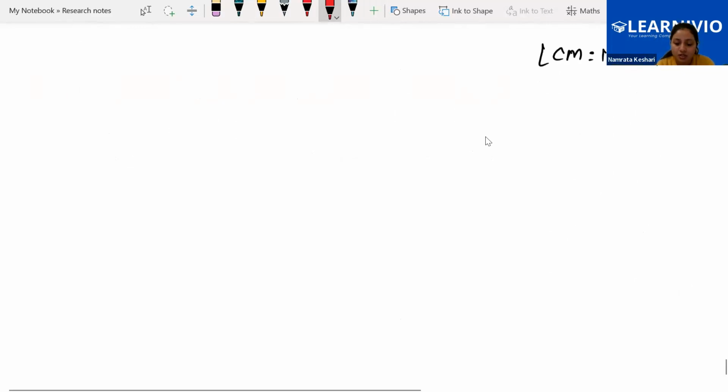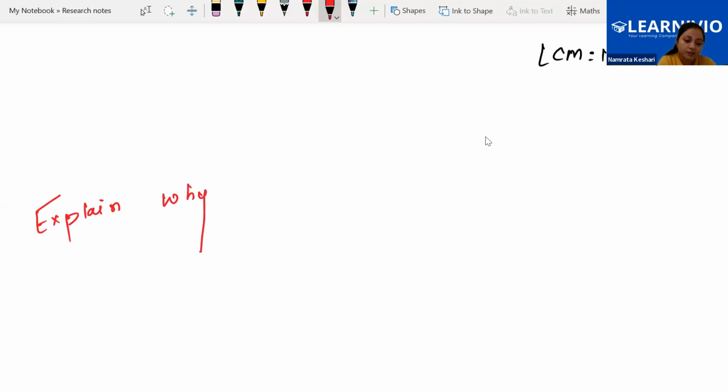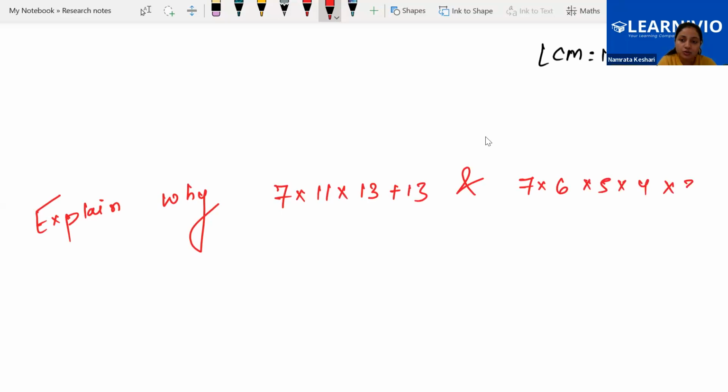The next question is: explain why 7 into 11 into 13 plus 13 and 7 into 6 into 5 into 4 into 3 into 2 into 1 plus 5 are composite numbers.